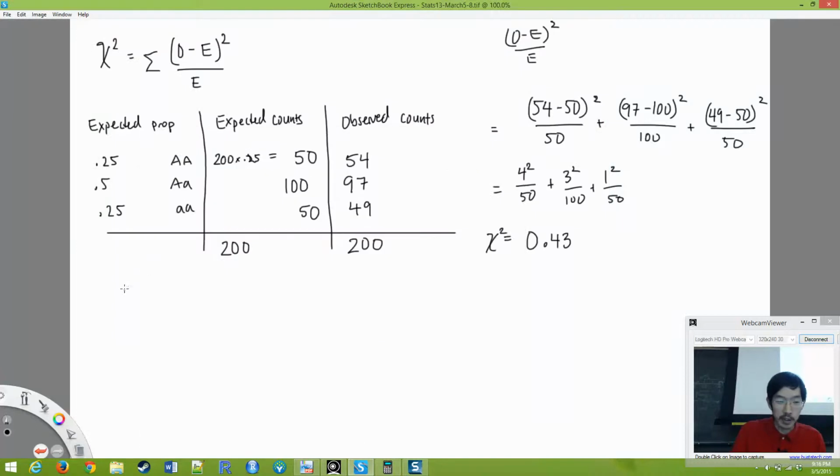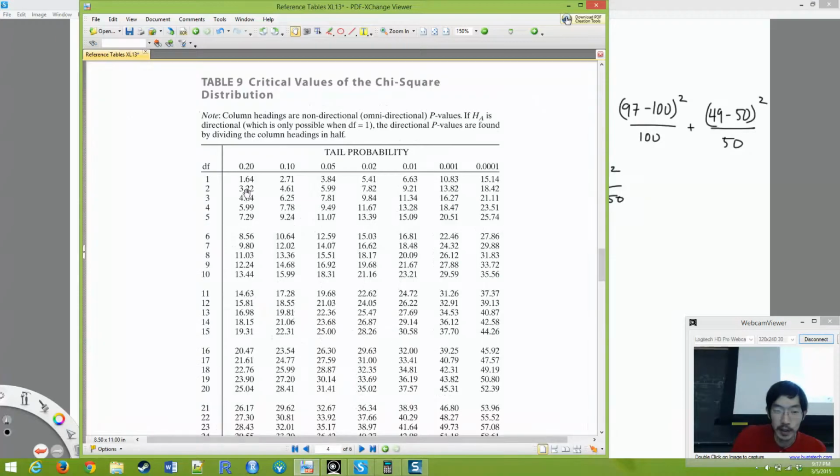And so the degrees of freedom for the chi-squared goodness of fit test is the number of categories minus 1. So in our case, 3 minus 1, I've got 2 degrees of freedom. So my chi-squared statistic is 0.43. My degrees of freedom is 2.